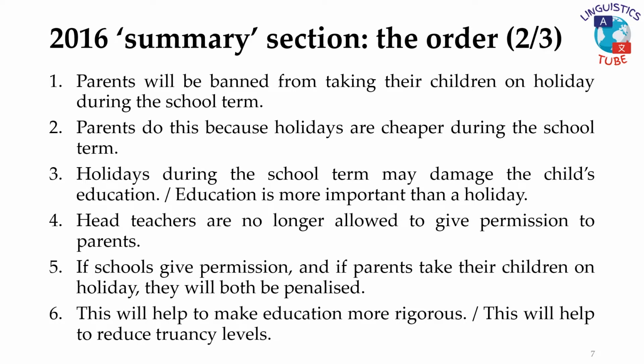And, by reducing truancy levels, this will help to make education more rigorous. You may find, however, that you run out of words and time if you try to include everything. So, you must find the balance between the succinctness of the information that you include and the amount of words you use to express it.